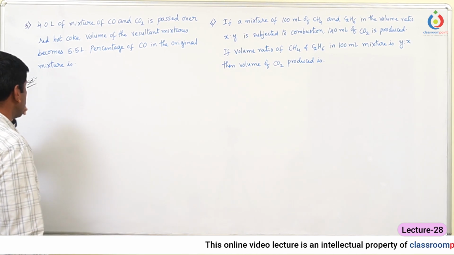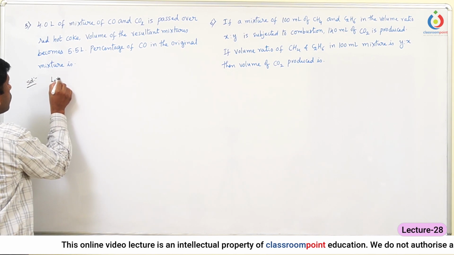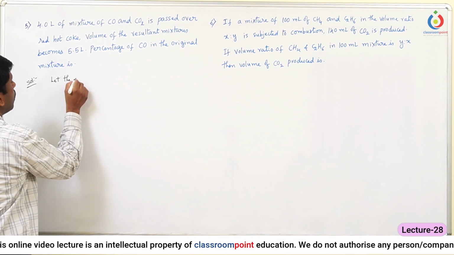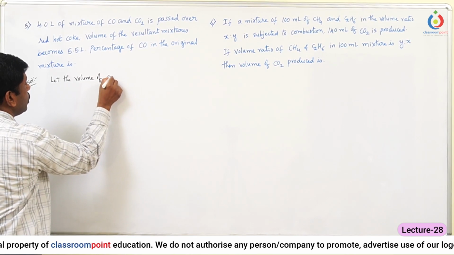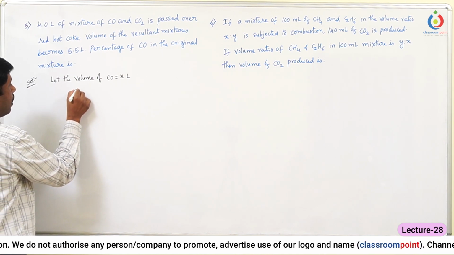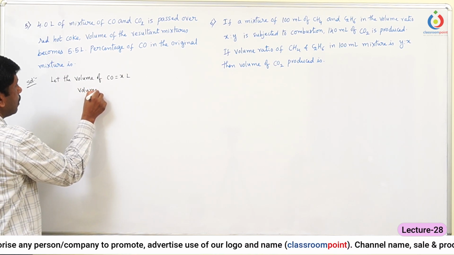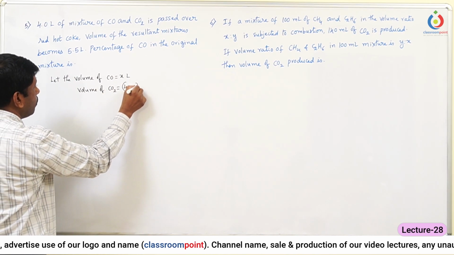Let us see that reaction. First of all, let's write down the data. Let the volume of CO be x liters and the volume of CO2 be 4 minus x liters.